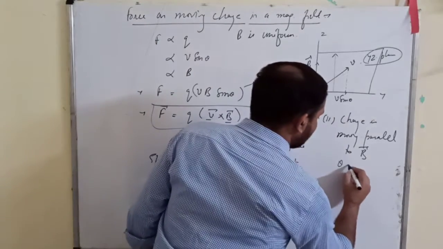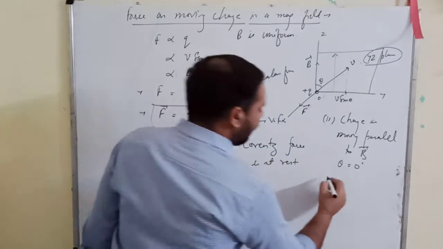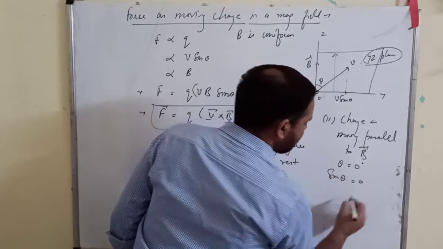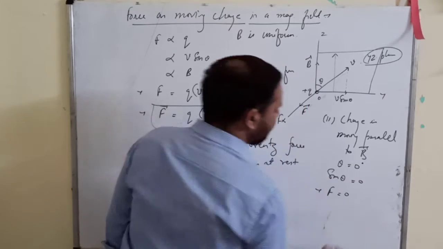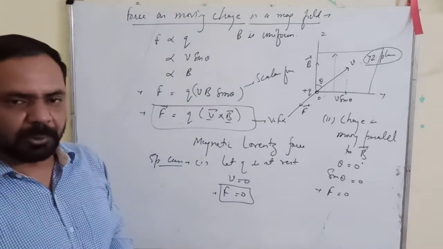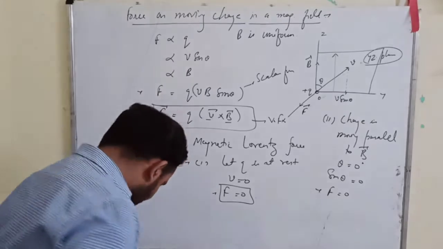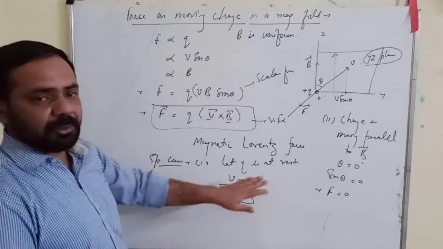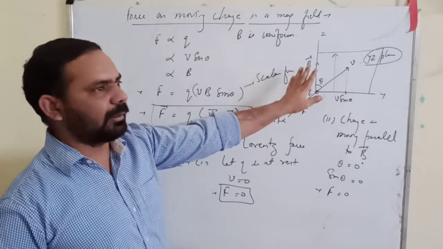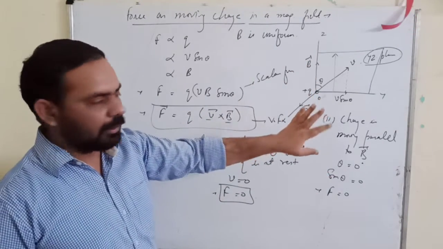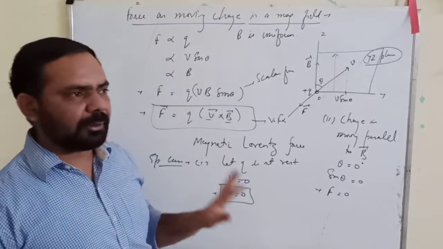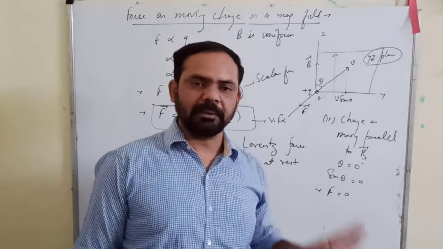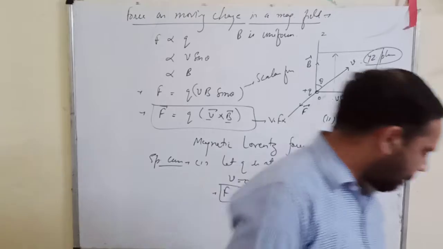Then how much is theta? It will be 0 degree, and therefore sin theta equals 0, and therefore F equals 0. So in both cases, either the charge is in the state of rest or the charge is moving parallel to the direction of the magnetic field, the magnetic Lorentz force will not be experienced by the charge.